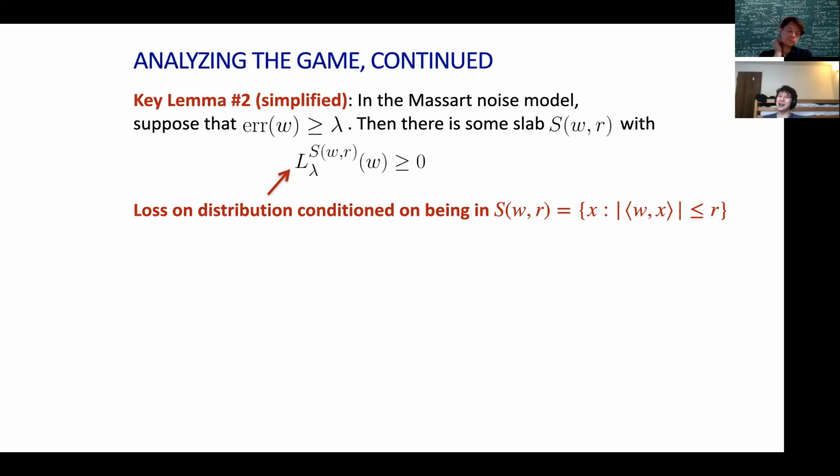Now what we're going to do is look at a w which has a big error, so it's not like w star. We're going to show that there's some slab where the loss is positive. That means w has a positive loss, w star has a negative loss, and that's going to allow us to make progress. S_w is just notation for a slab.